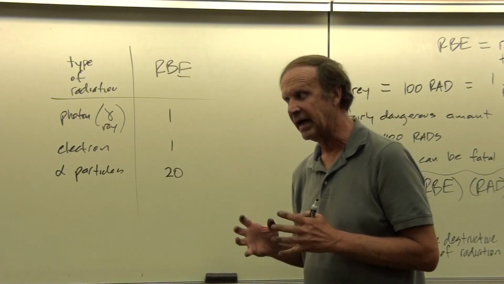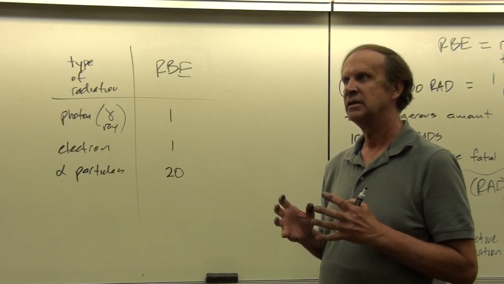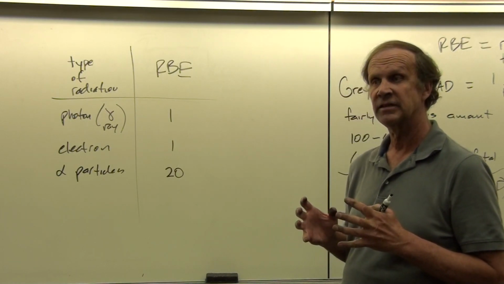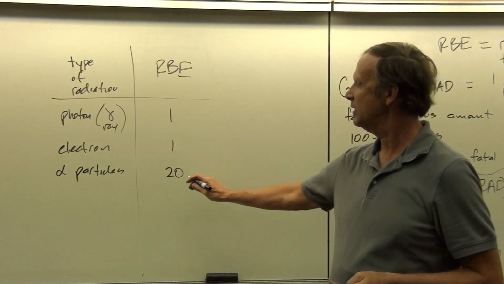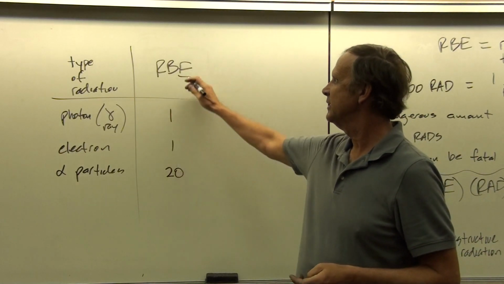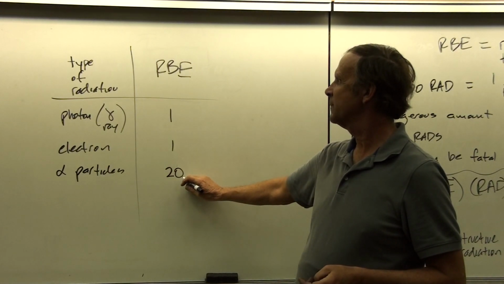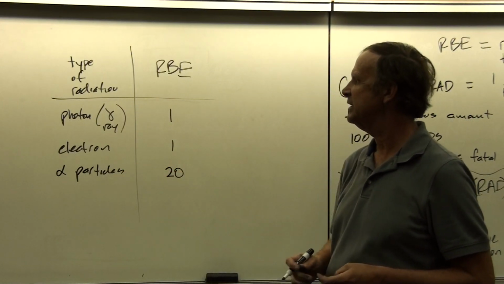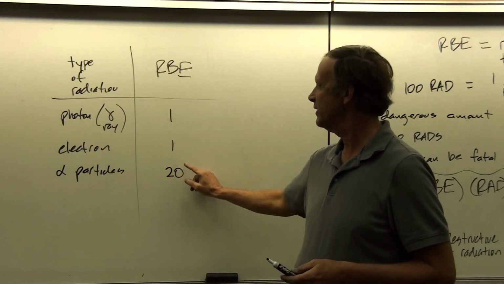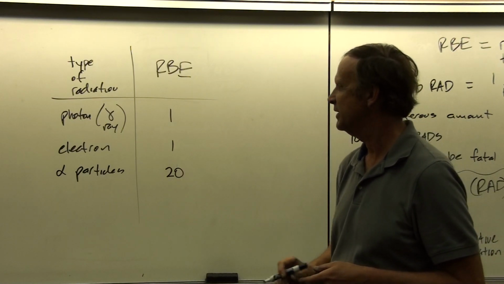It's got a mass that's way more than the mass of the electron, maybe 8,000 times more mass. And it's going to just tear through you and do horrible amounts of damage on its way through. And this depends again on how energetic the radiation is, how much RBE it has. So this number can fluctuate a little. It can be as low as 12, but it can be much higher too, depending.